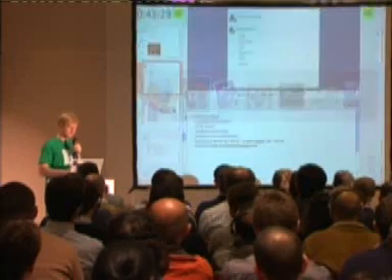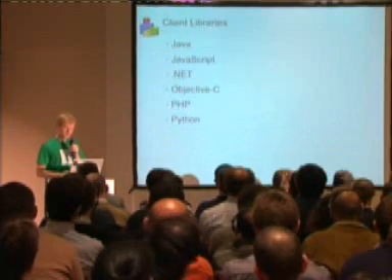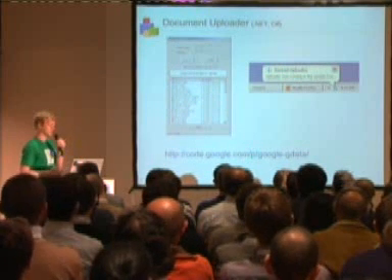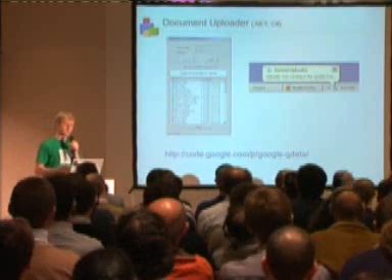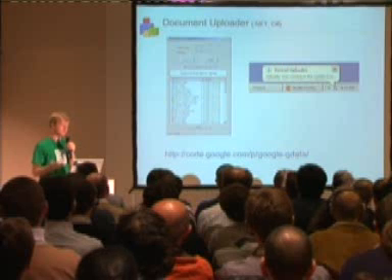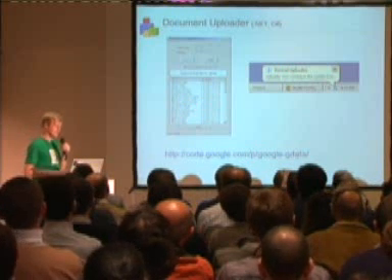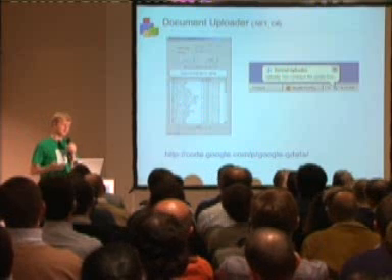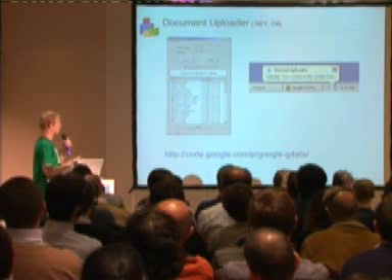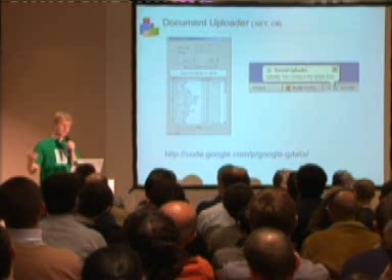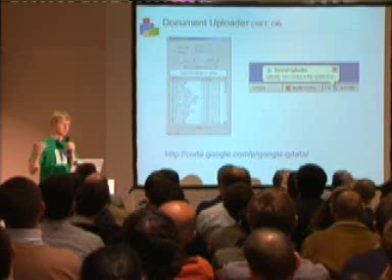A great example of how powerful some of these are is this document uploader. This was created by somebody on our team, just kind of as a demo project. Didn't take him very long, and it uses the .NET Client Library to build a Windows application that allows you to take all your documents and upload them systematically to Google Docs.